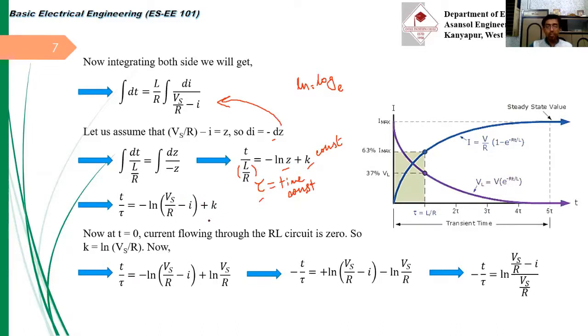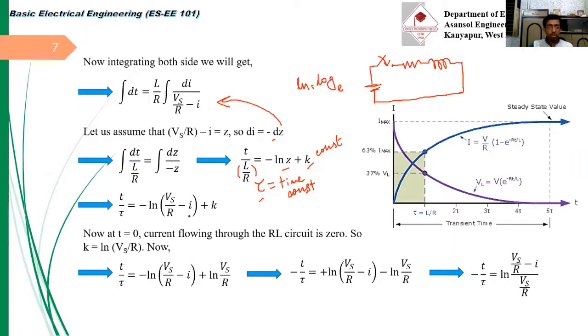Now in this circuit at time t equals 0, the switch was just closed, right? The switch is just closed. That means at t equals 0, the current flowing through the RL circuit is 0.